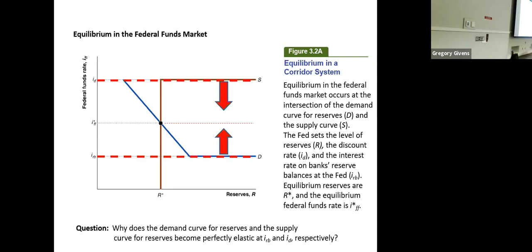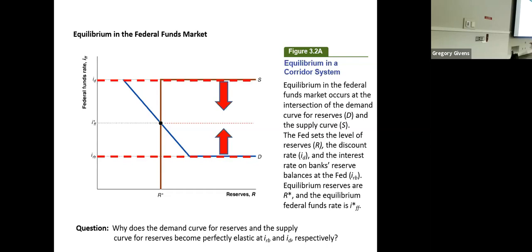They would undertake open market operations, either by buying or selling treasury securities from private banks in a manner such that the supply of total bank reserves in the entire system would intersect the demand for bank reserves on this downward sloping portion of the demand curve right at whatever the target federal funds rate was.